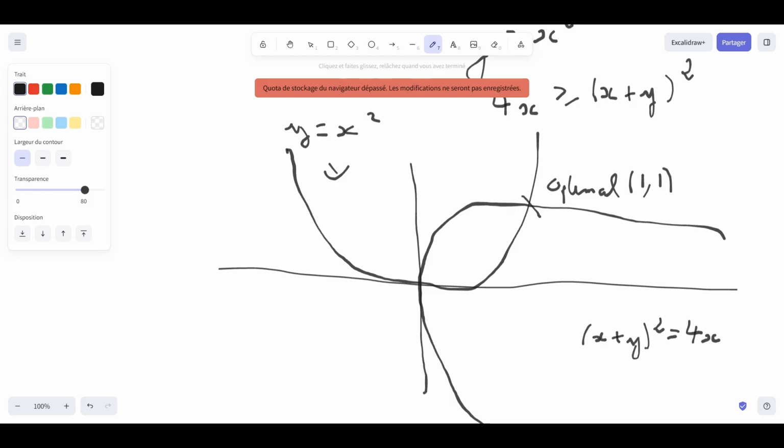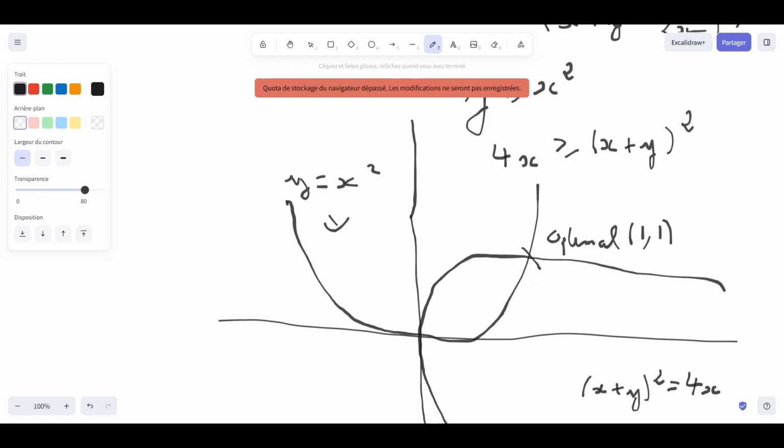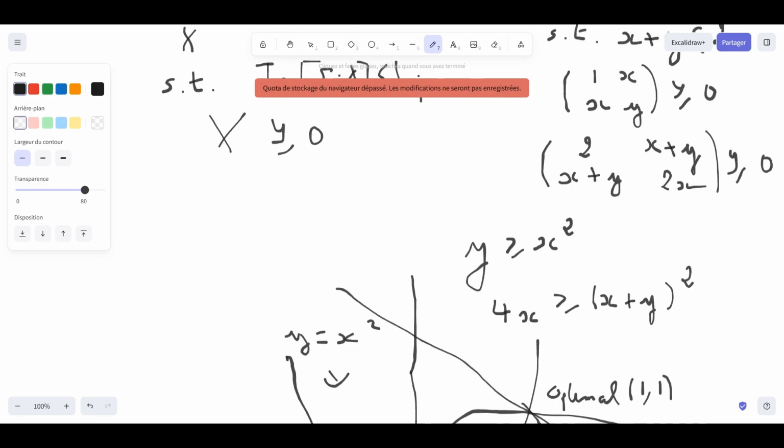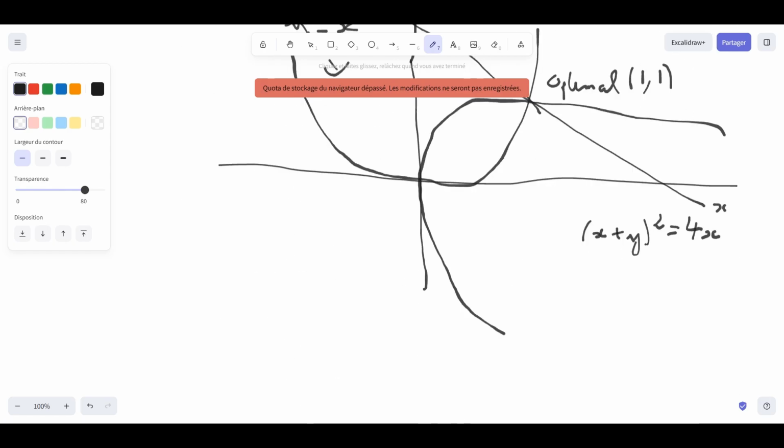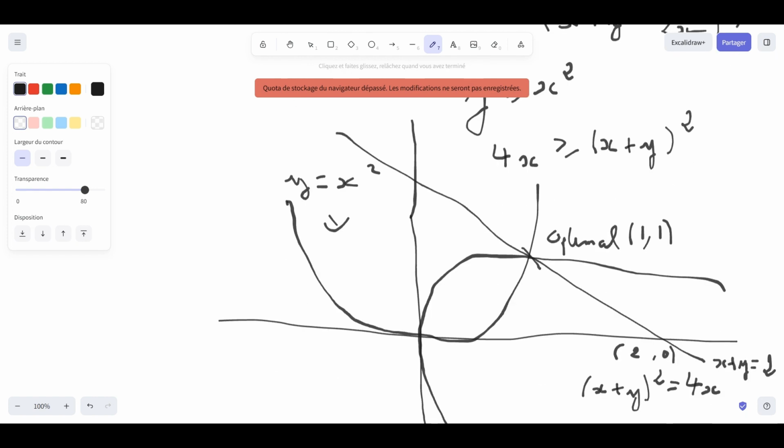If you trace the curve, it's something normal like this, that represents x plus y equal to something. Typically here y equal 0 and x equal 2, so this point is 2, 0, and this point here will be 0, 2. Just graphically you can solve it.